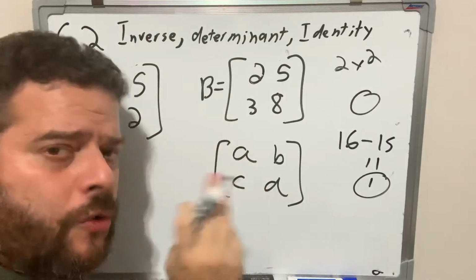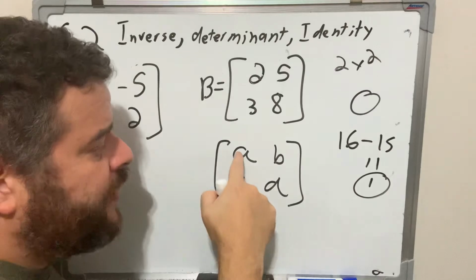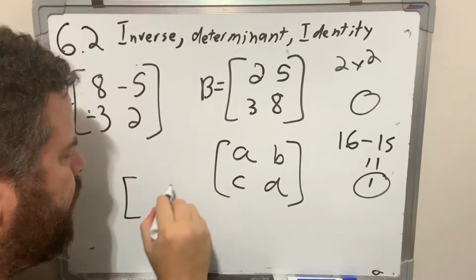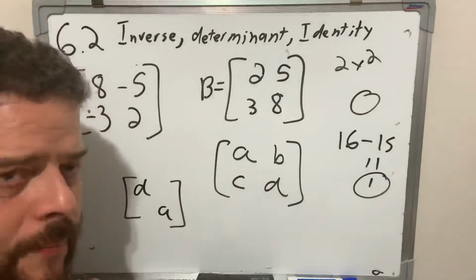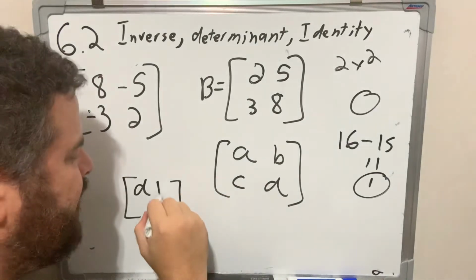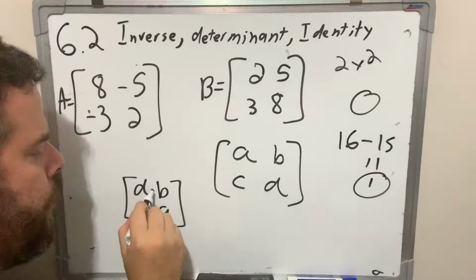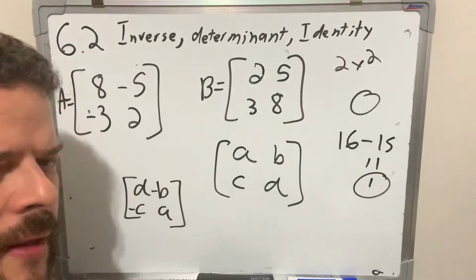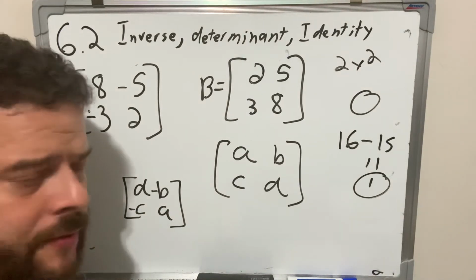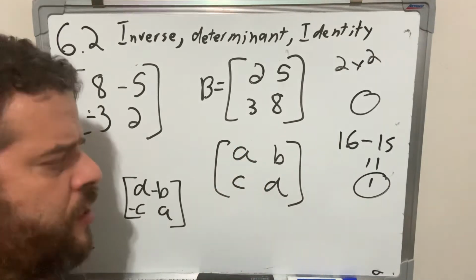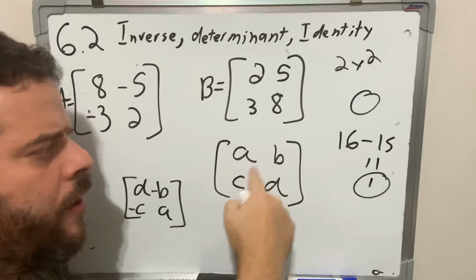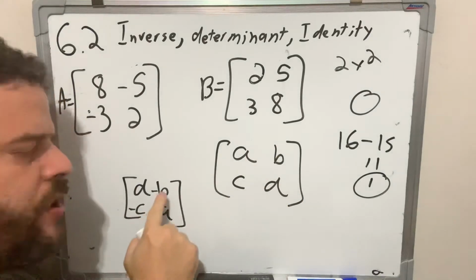In the 2 by 2 matrix, you always switch these two letters, so you end up with D and A. B and C stay exactly where they are, you just change their signs. That's step one to find the inverse. Again, flip these two numbers, sign does not change. These numbers stay where they are, the signs do change.